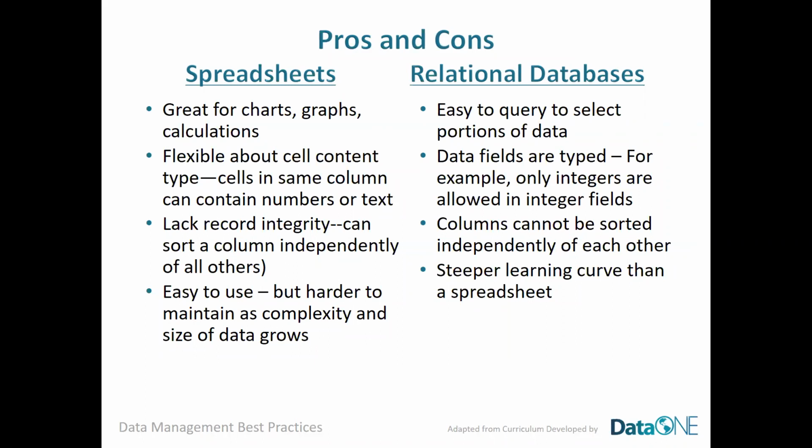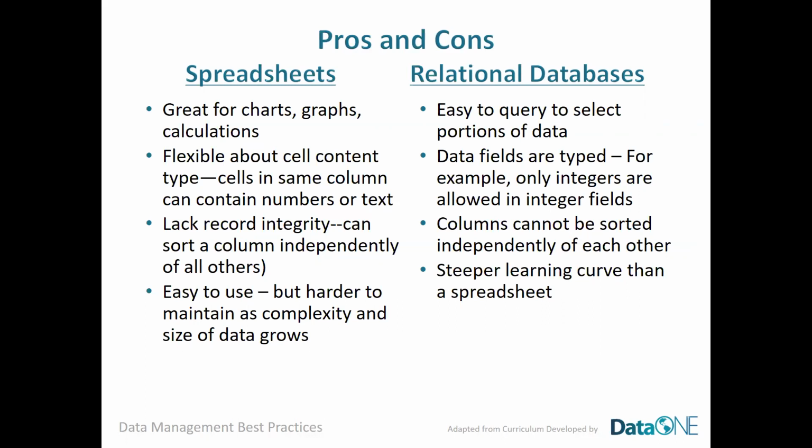They lack record integrity. You can sort columns independently. They don't really enforce any rules on you unless you force it to enforce rules. Databases, on the other hand, work well with very high volumes of research data, and they're much easier to query in order to select data having particular characteristics. They also maintain data integrity.